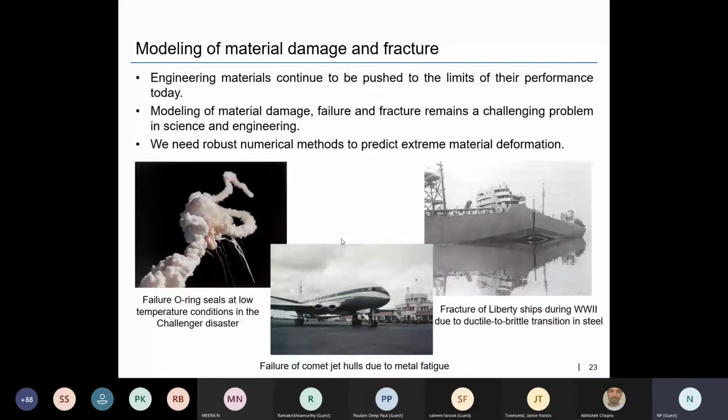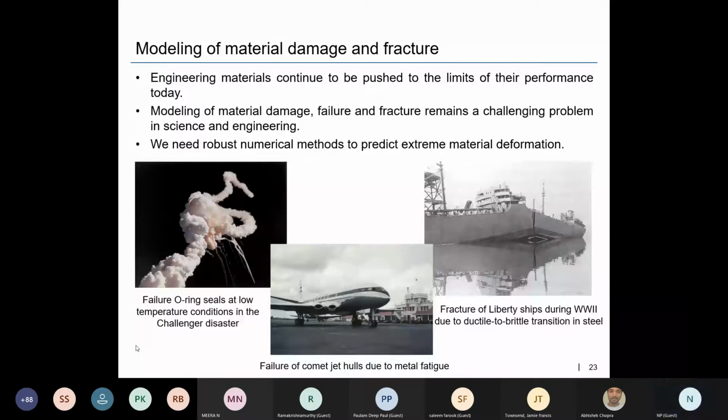and the modeling of damage, failure, and fracture of these materials remains an extremely challenging problem in science and engineering, and we need robust continuum mechanics theories and numerical methods to predict extreme material deformation. I have some examples of disasters that happened due to our maybe inadequate understanding of the performance of materials.